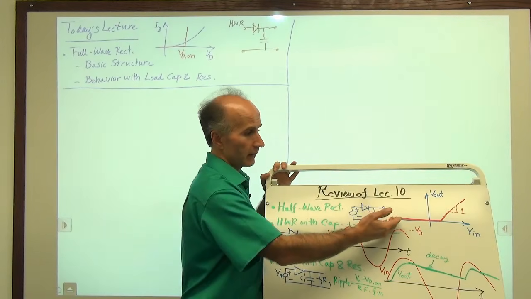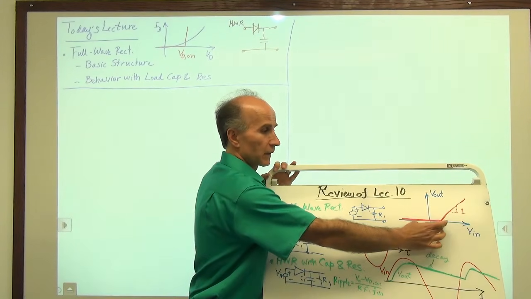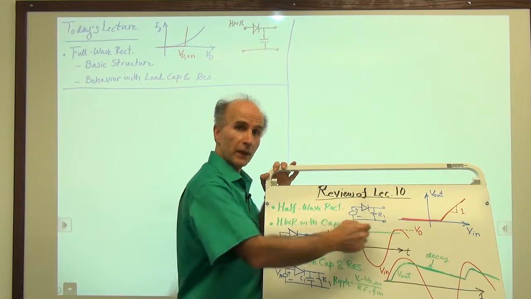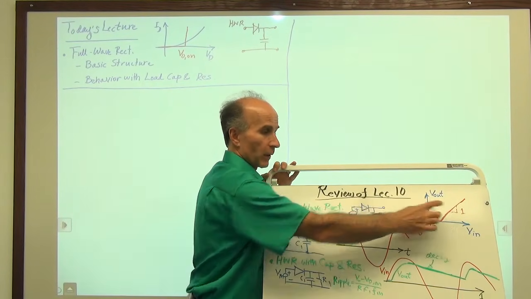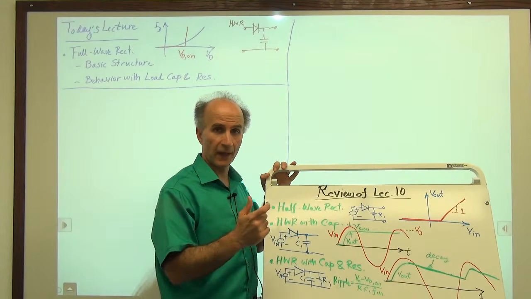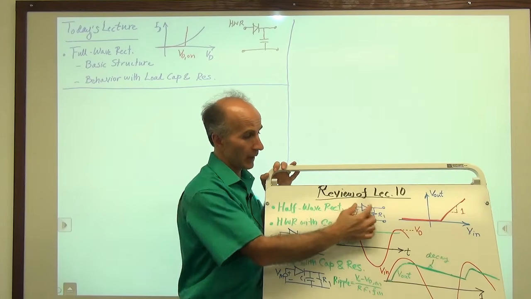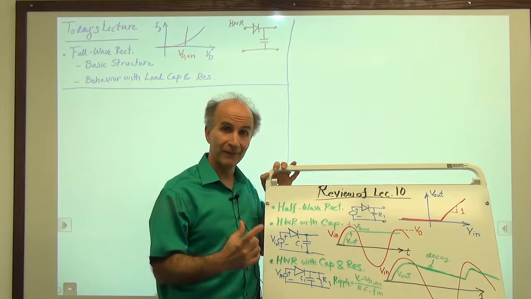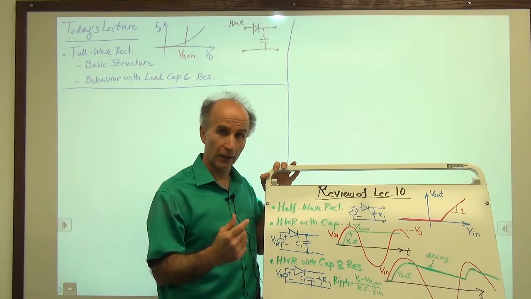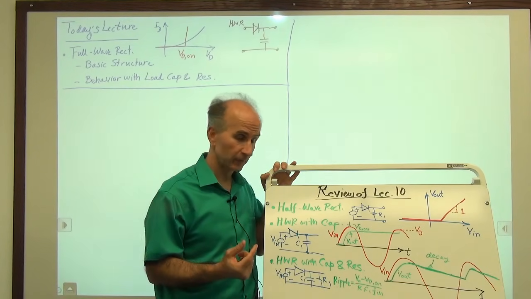We saw that the output is 0 until the diode turns on, and then it just tracks the input with a slope of 1. The difference is that there is a level shift by an amount equal to Vd,on, which we call a diode drop.